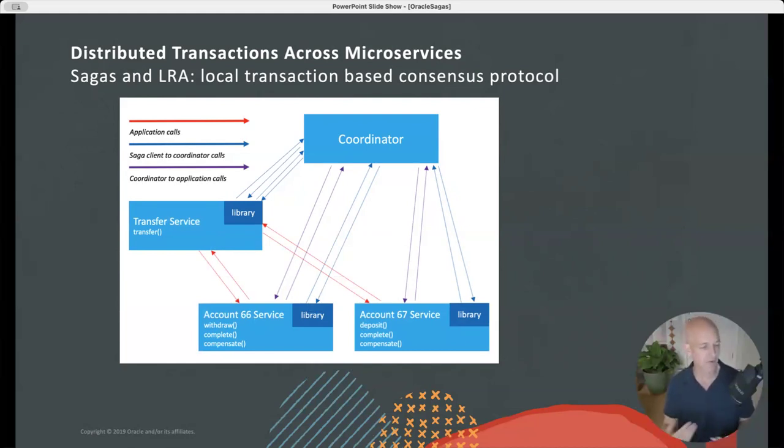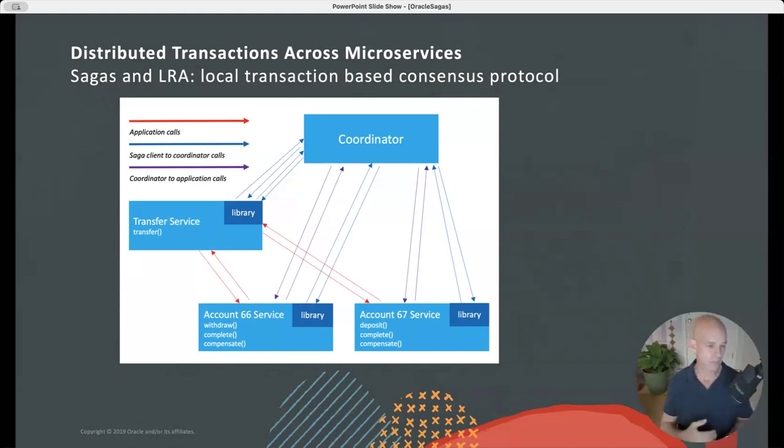But what will happen in the normal flow is an initiating service, such as this transfer service, starts a Saga and tells the coordinator it wants to start a Saga. So the coordinator starts that. The transfer service then calls other microservices, account 26 or bank A, whichever way you want to look at it, and bank B or account 67 in this picture.